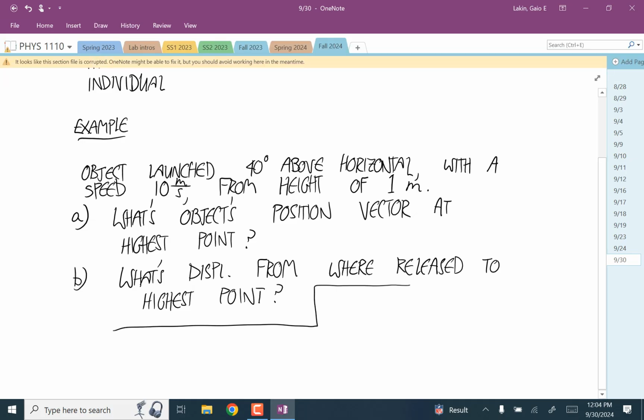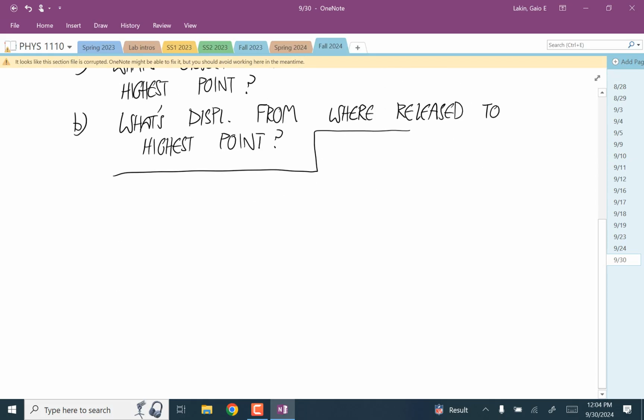So I'm going to start out by just sketching what's going on. This object is launched from a height of 1 meter off the ground.